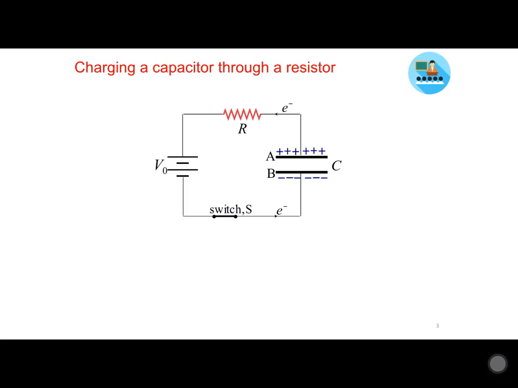As charges accumulate on the capacitor, the potential difference across it increases. So when the charge has accumulated at the capacitor, the potential difference at the capacitor itself will increase, and the current is reduced until eventually the maximum voltage across the capacitor equals the voltage supplied by the battery.